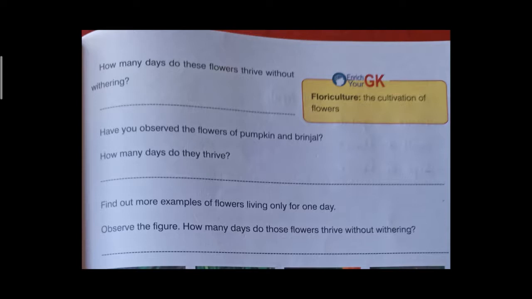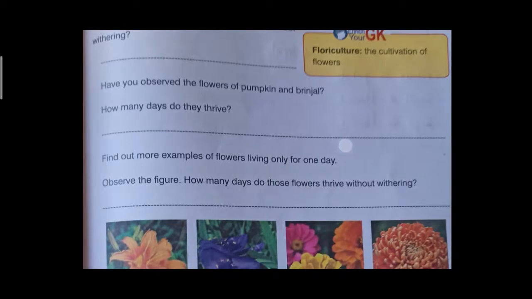Next question, have you observed the flowers of pumpkin and brinjal? If you have observed, you can write yes. How many days do they thrive? You can write how many days the flower will exist on a plant. Your experience, you can write it there.